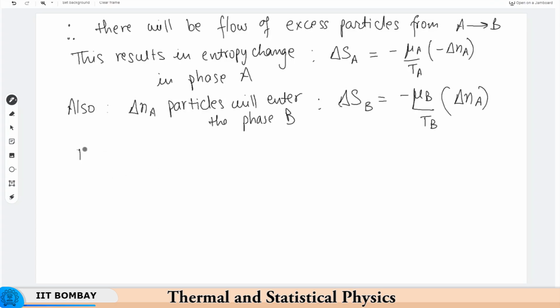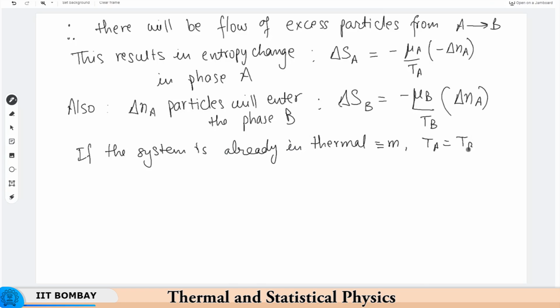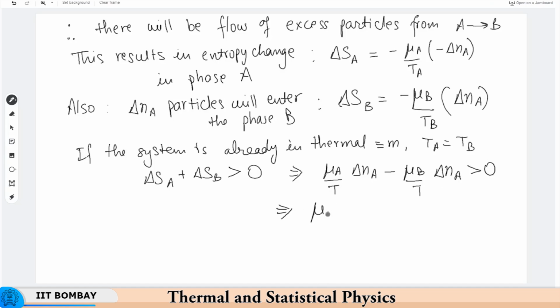If the system is already in thermal equilibrium, T A is already equal to T B. So, delta S A plus delta S B, which we know is positive because the system is out of equilibrium, implies mu A by T times delta N A minus mu B by T times delta N A has to be greater than 0, and this implies mu A has to be greater than mu B.